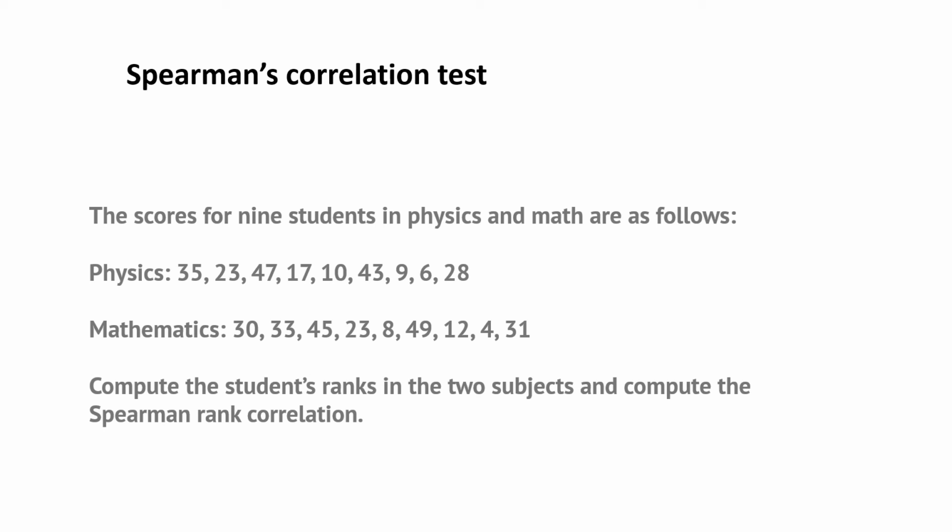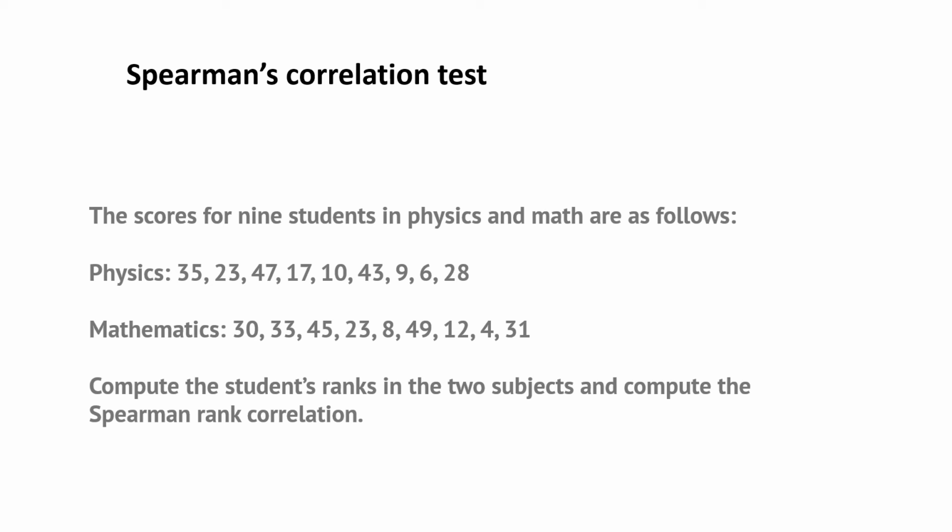Here the example is that scores of 9 students in physics and maths are given. Physics marks of 9 students are 35, 23, 47, 17, 10, 43, 9, 6 and 28.